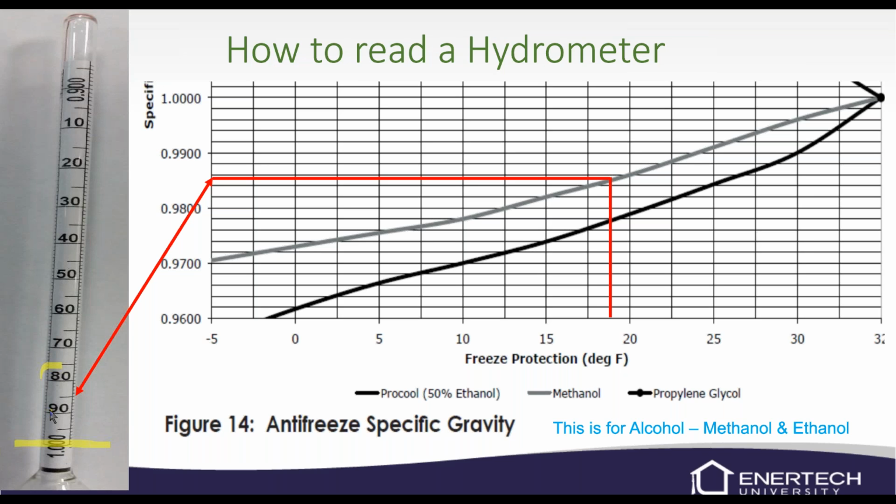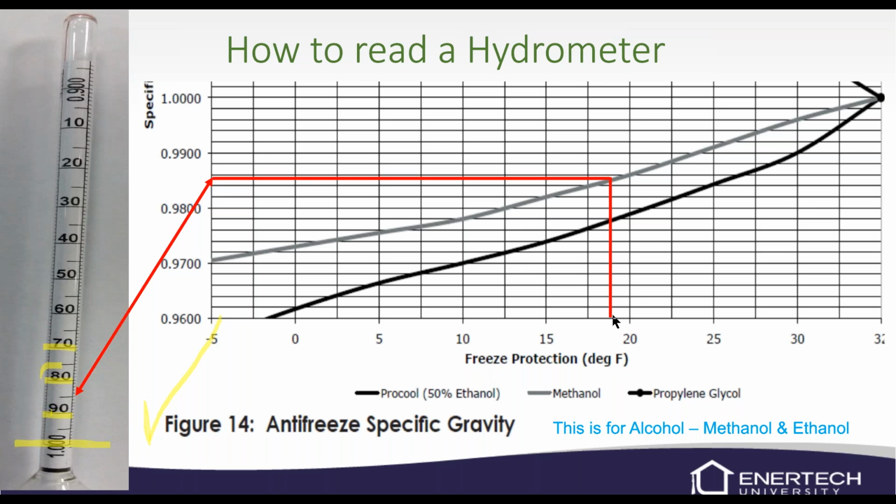This is really 0.990. This is 0.980. This is 0.970, and so on. So it's kind of weird. You would think, well, I'll look at 0.85, but 0.85 would be way down here on this chart. So it's really 0.985.